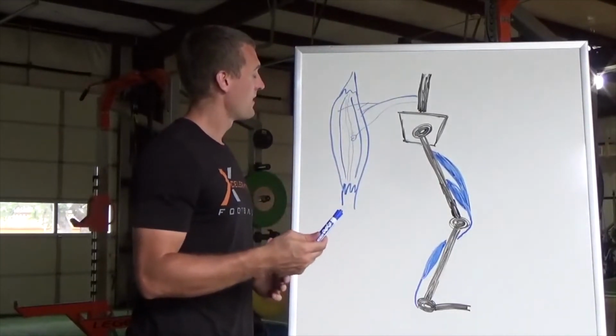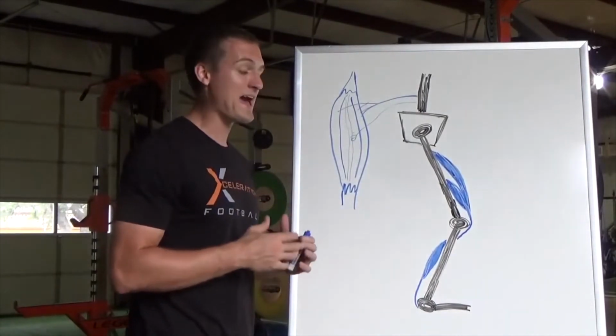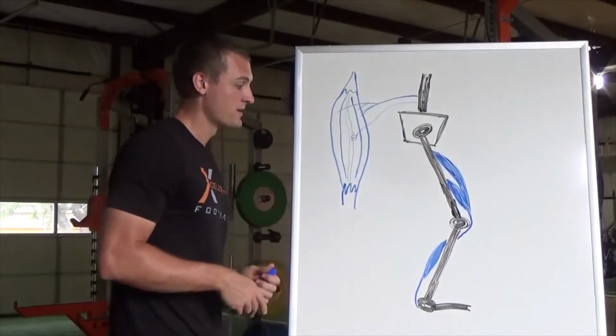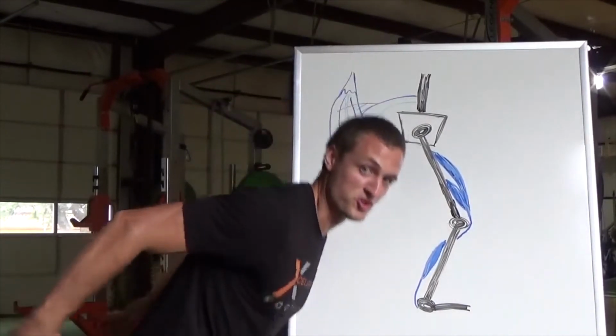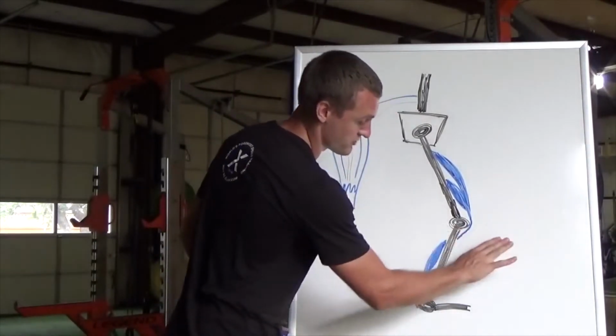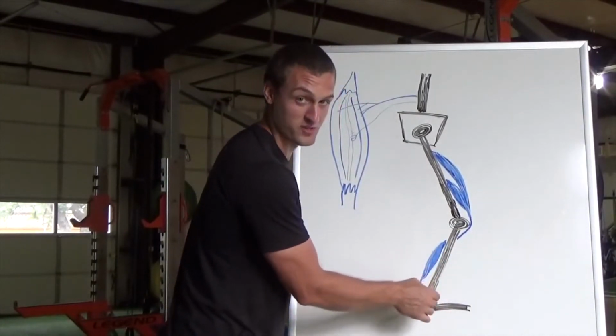However, the stretch reflex also serves the purpose of adding force to a lot of our athletic movements. So let's say that we are loading up for a jump, right? When you load up for a jump, you're going to have this fast forward translation of the knees and shins, so your ankle is going to be going into fast dorsiflexion.